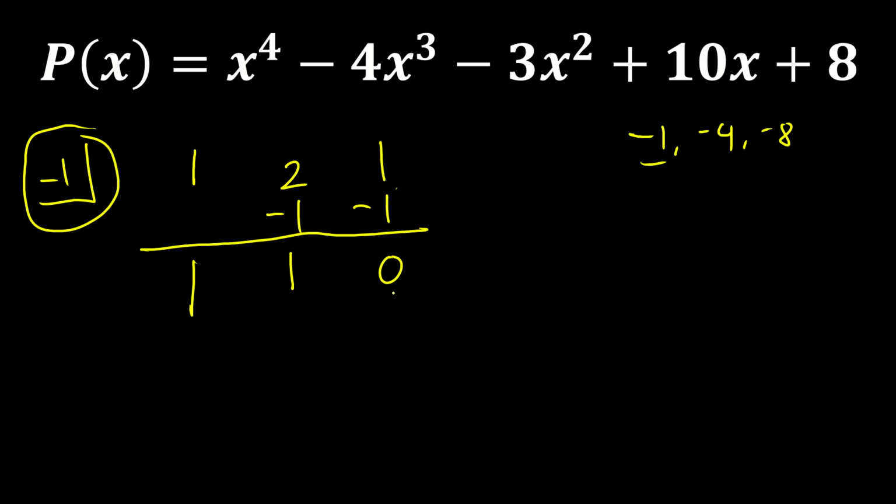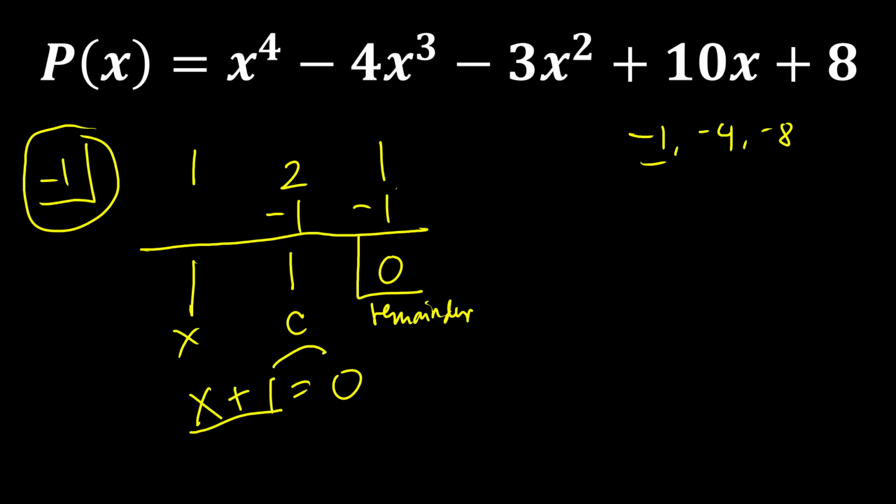Next po. Again, this is the remainder. This is the constant term, and this is x. So, we have x plus 1. Again, since ito ay x na lang, equate na lang to 0. Si 1 lipat sa kabila, x is again negative 1.